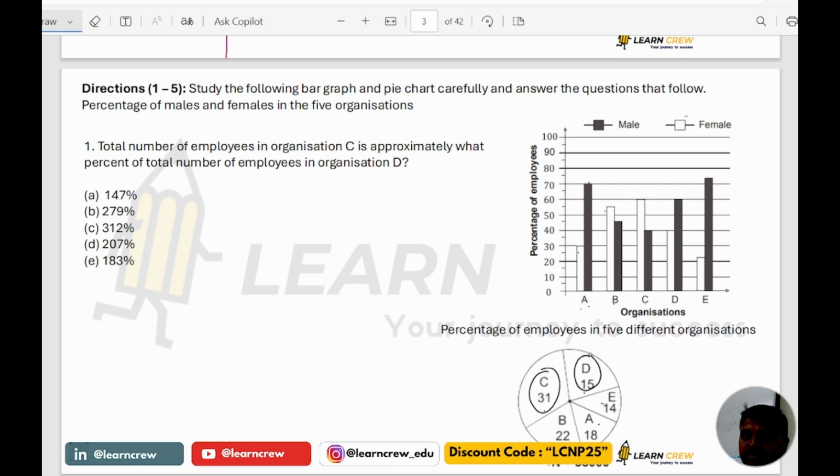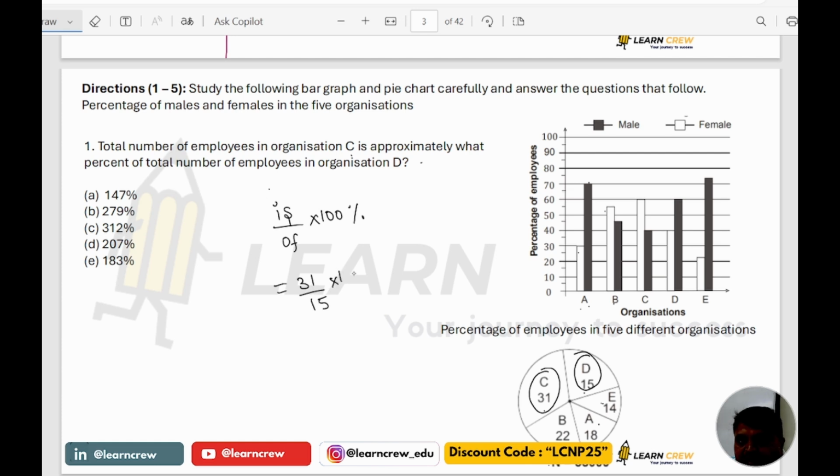Organization D is 15%. 31 is what percent of this? So we will apply, as I already said, by of into 100. So 31 is what percentage of 15?